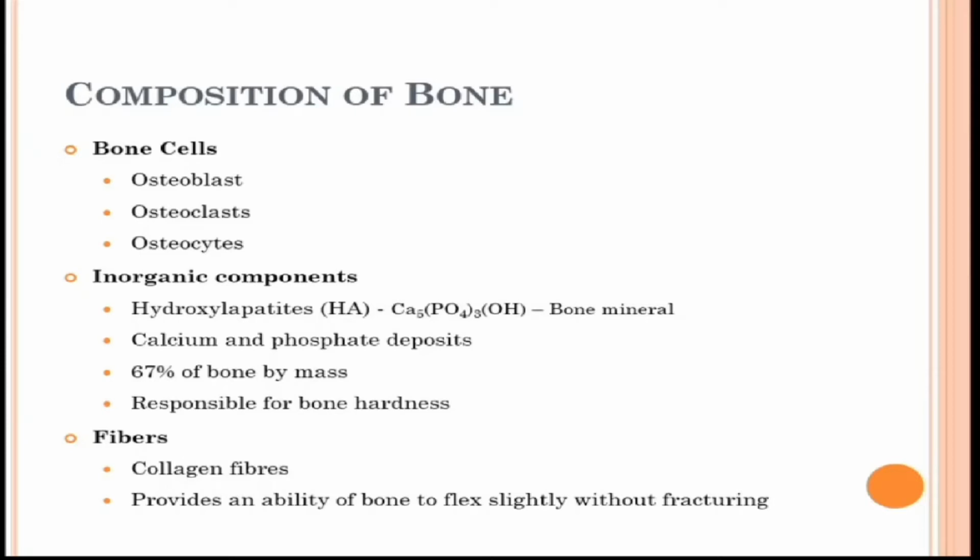Remember, this is a similar structure as we studied in cartilage in the previous lecture. And there is a third type of the cell in the bone, which is called osteoclast. So osteoclasts are the cells which are responsible for decomposing and dissolving the existing bone and restructuring that and producing the new bone in that part.